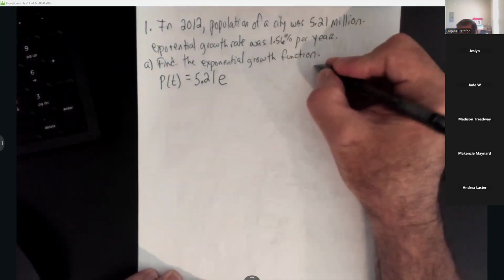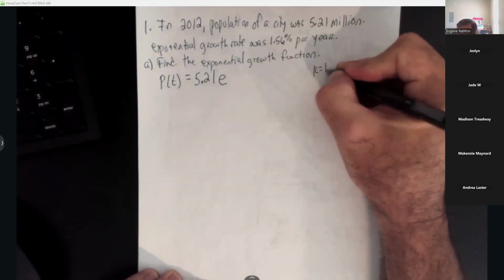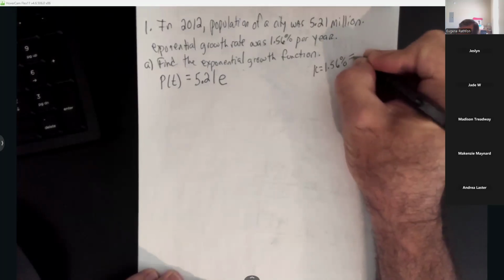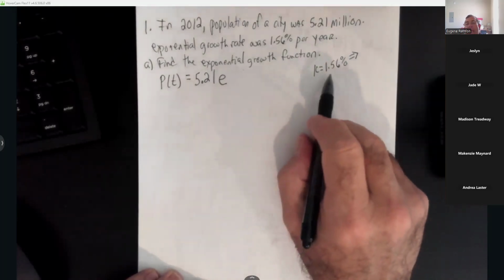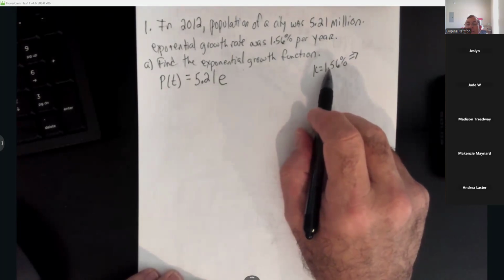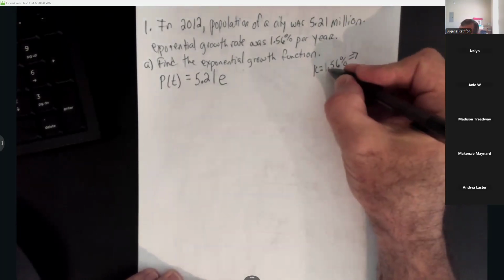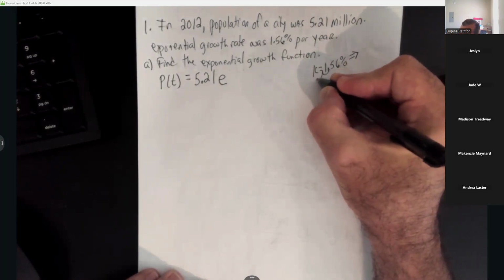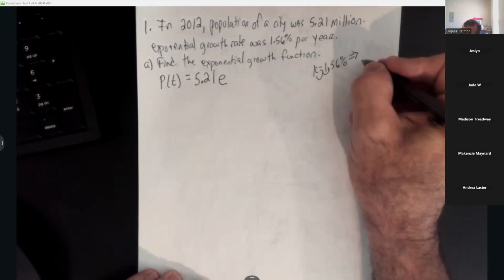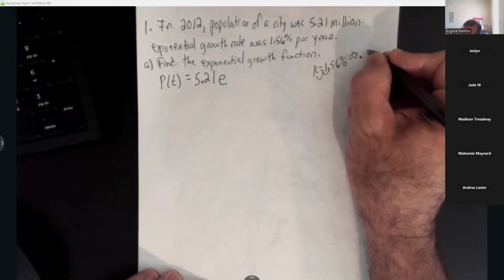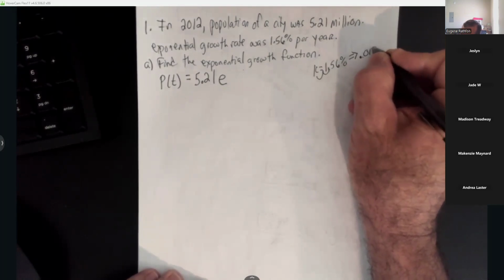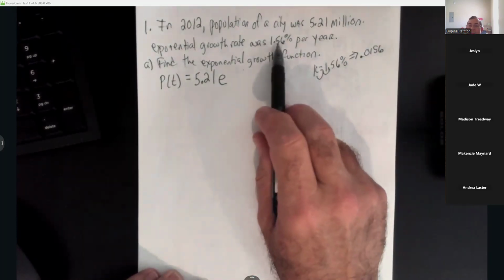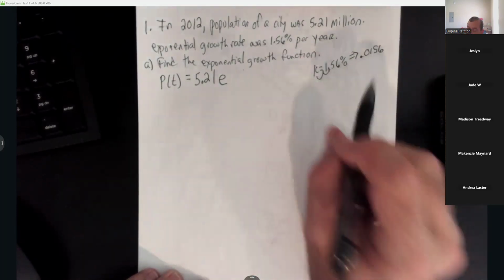Well, y'all look here. k is 1.56%. I need to turn that into decimal form. So remember, to turn it into decimal form, you move the decimal left twice. That means I add a zero on this one and get 0.0156. You've got to change these percents into a decimal.